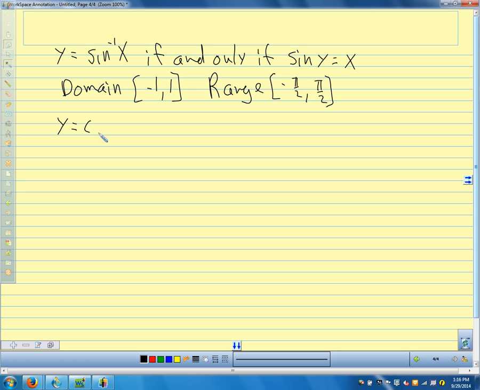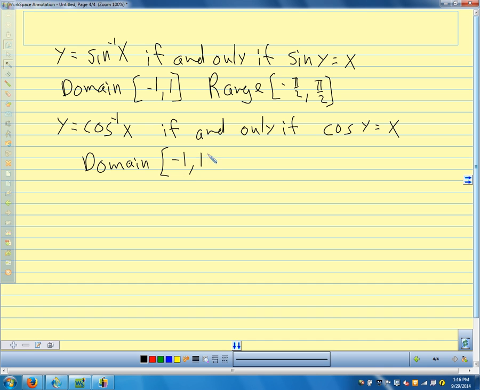y equals inverse cosine of x if and only if cosine y equals x. y is an angle. Our domain for our inverse cosine function is -1 to 1.